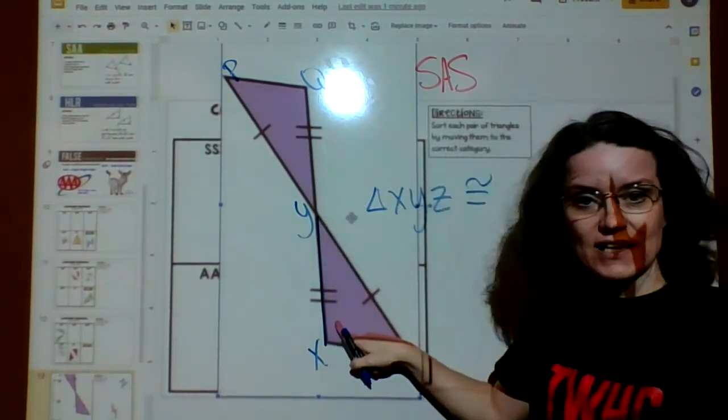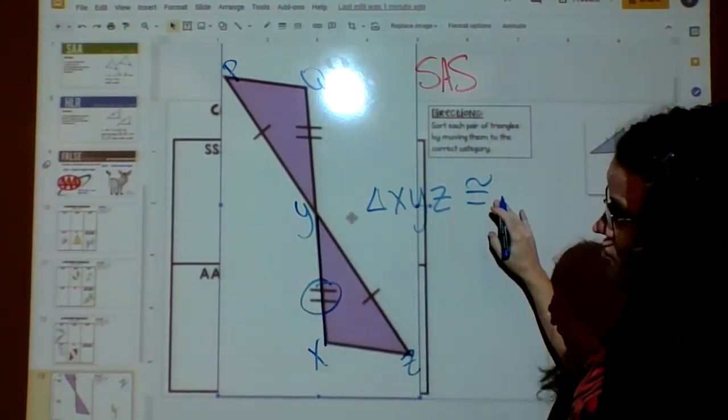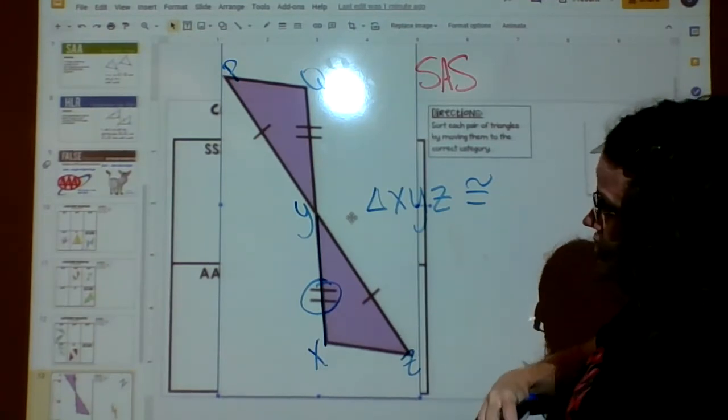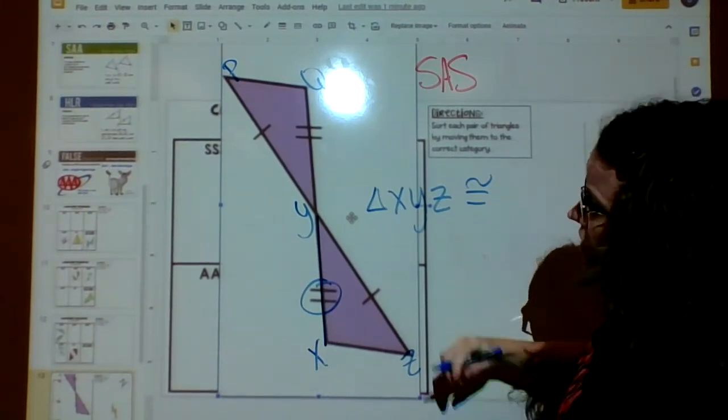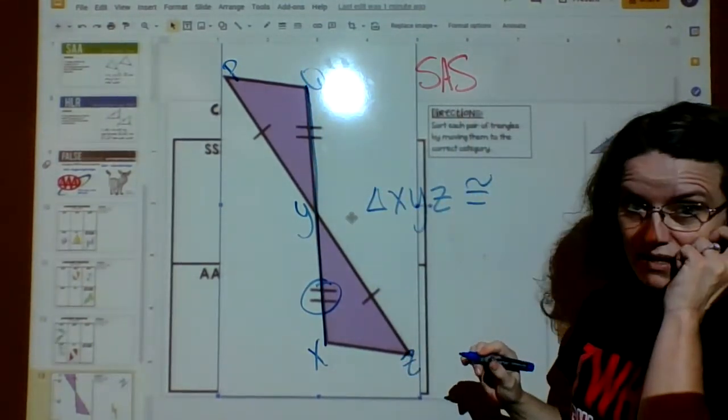That went along the side that had a double mark right here. So for my other triangle, I would need to go from 2 of them that have the double mark. And oh, look, that's the Q and the Y, okay?